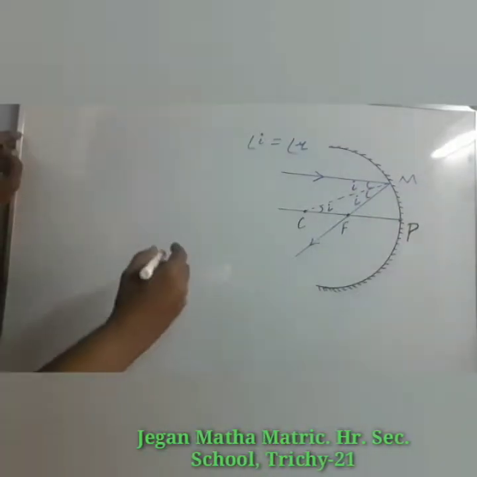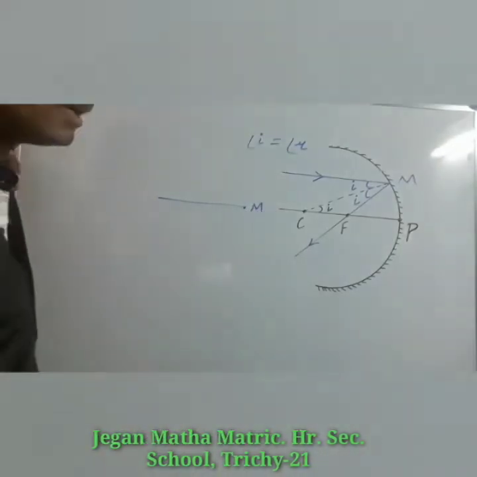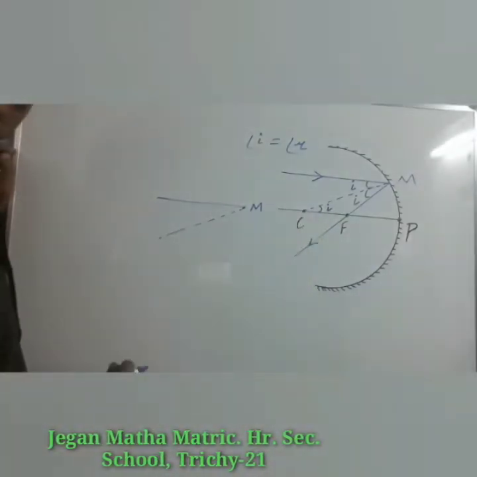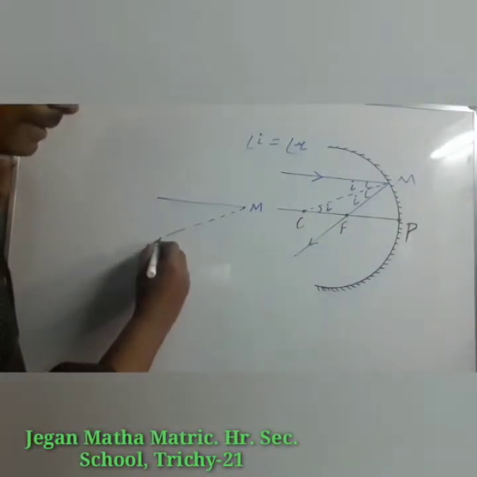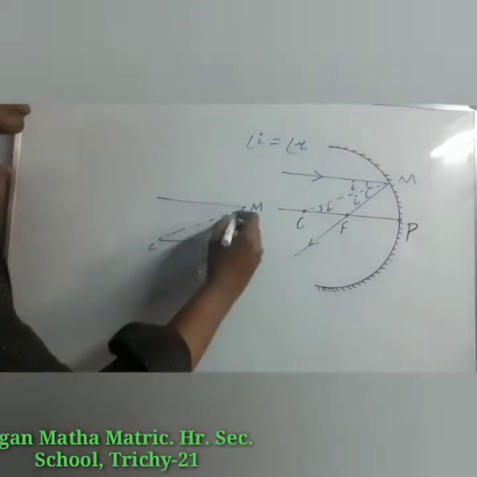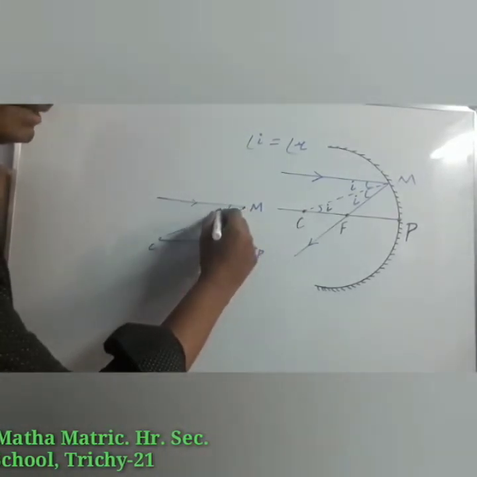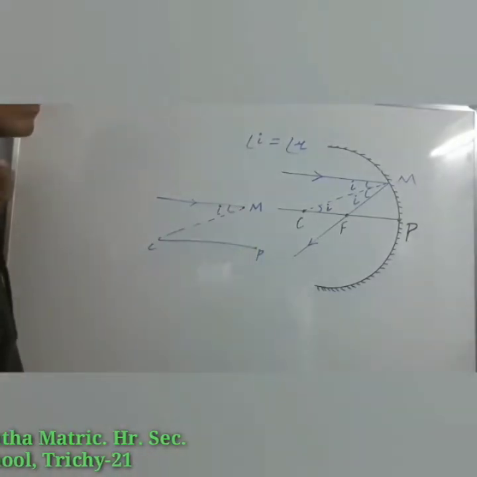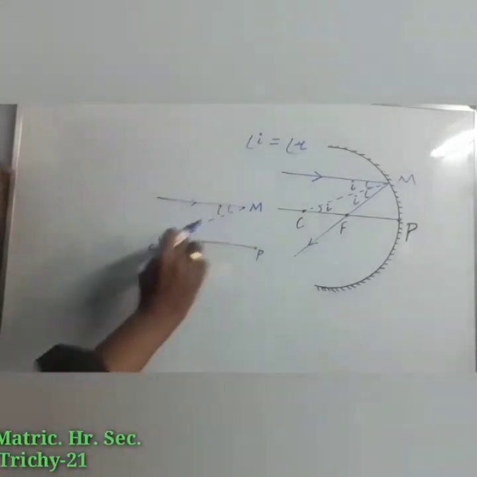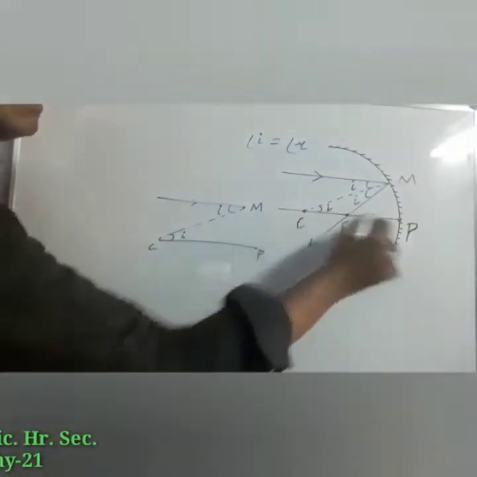For your understanding, we have the incident ray which is incident on the point M. So M to C we have the normal, C to P. The angle between the incident ray and the normal is I. We know that alternate angles are equal, so here also the angle will be equal. So MCP should be I.